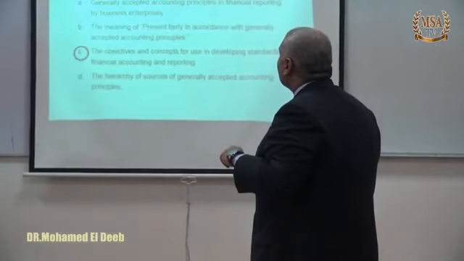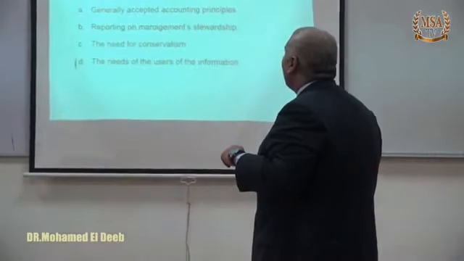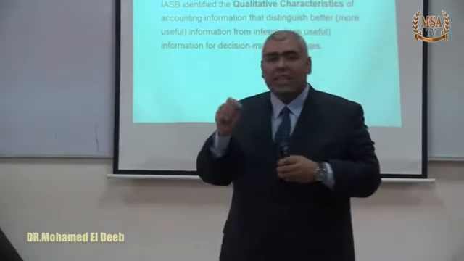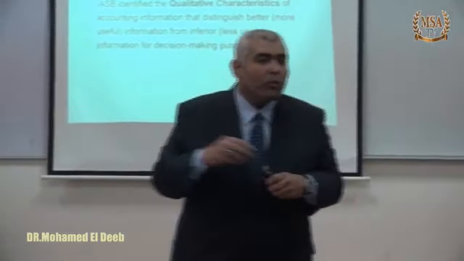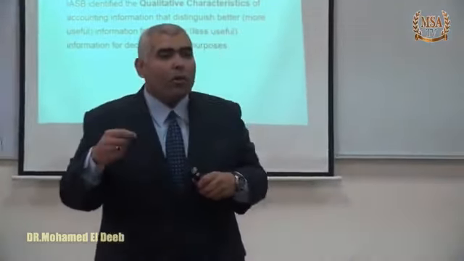First, we are going to go for the second level. This was the first level, and we will move to the second level, which is the qualitative characteristics of information. Because accounting is always about numbers, we have to set some criteria, some characteristics that we have to take into consideration in order to provide more useful information.